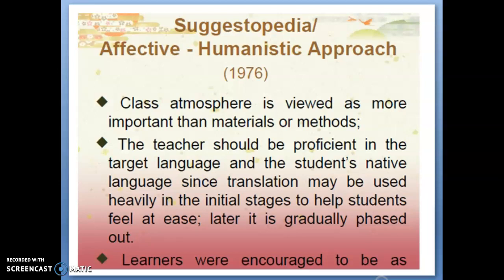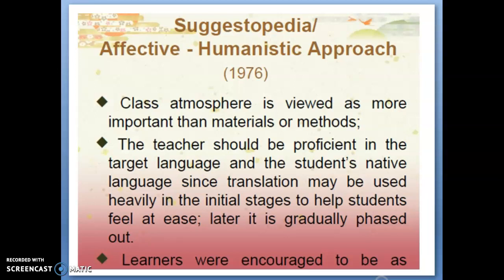The teacher should be proficient in the target language and the student's native language, since translation may be used heavily in the initial stage to help students feel at ease. Later, it is gradually phased out. It means that the proficiency or the ability of the teacher in the target language is really important.